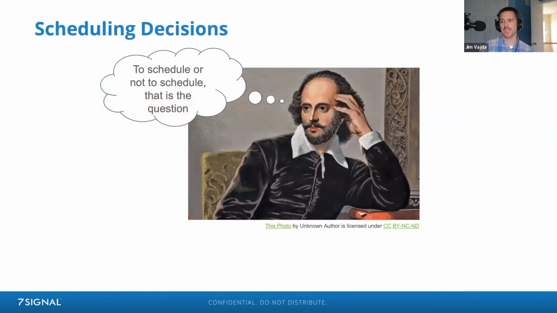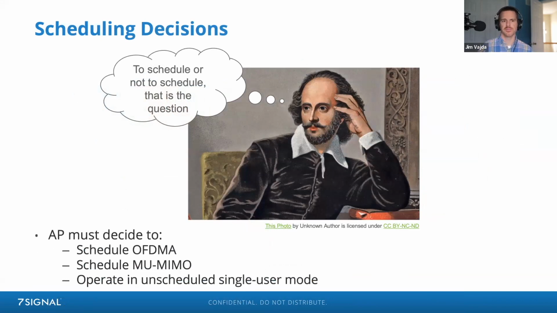So the first question that the AP has to answer before OFDMA ever even happens is, should I schedule the channel access or not? And actually, should I use OFDMA or multi-user MIMO for that? A lot of times the answer is that it's maybe not the best time to schedule channel access right now. And those answers are pretty unintuitive.